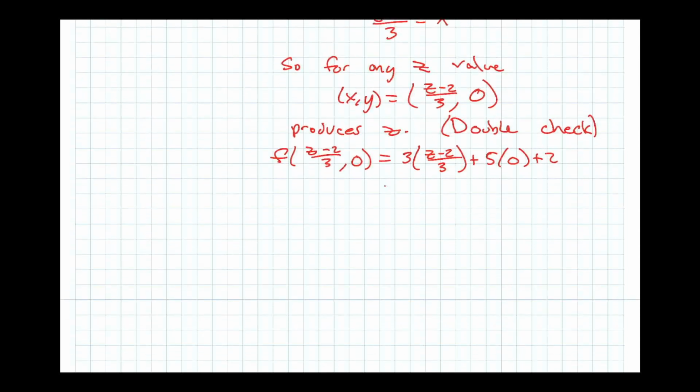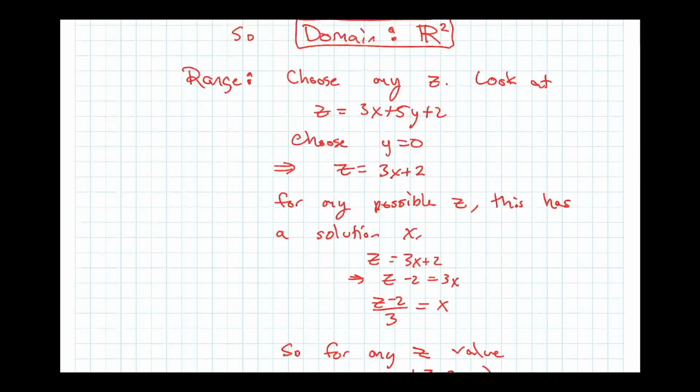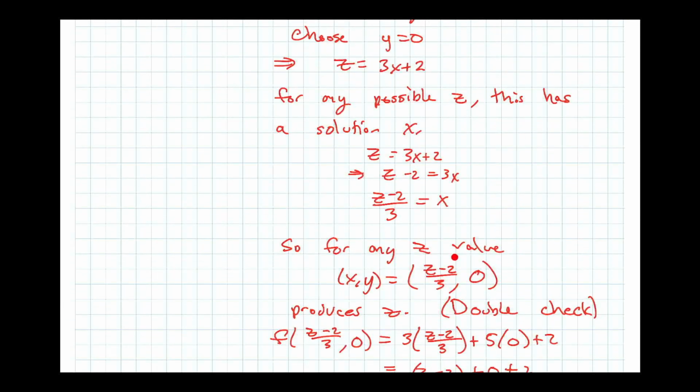And if you simply work that out, the 3's cancel, so you just have z minus 2 plus 0 plus 2. And then you just have z because it's z minus 2 plus 2, which is z. So that's proof that you can make that z value from these particular x's and y's. And the point was about z that this was for any possible z value that you would choose.